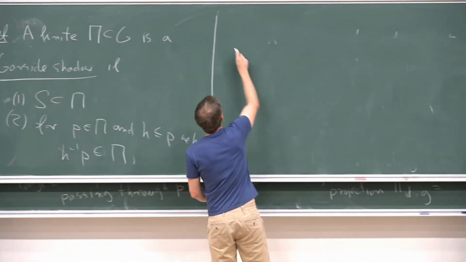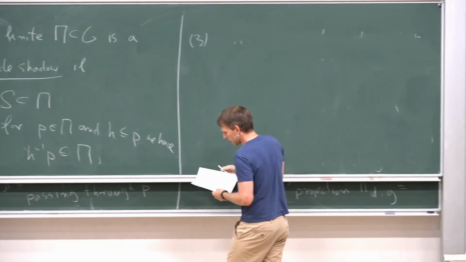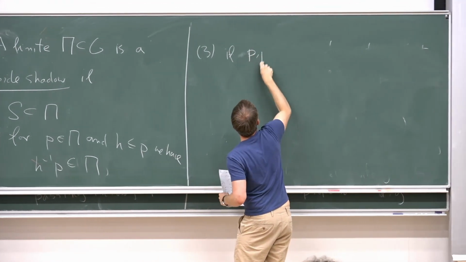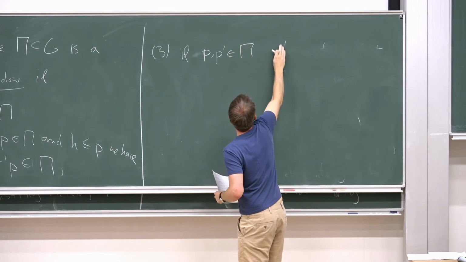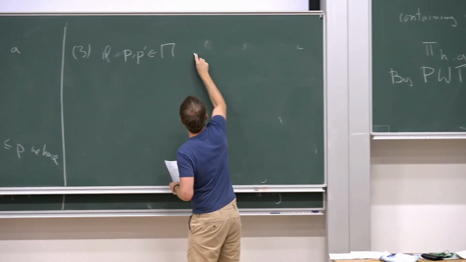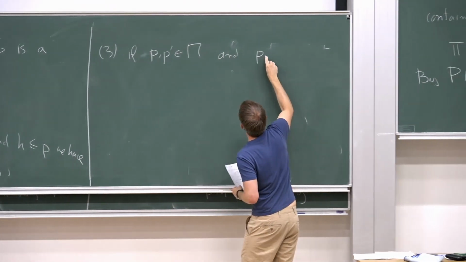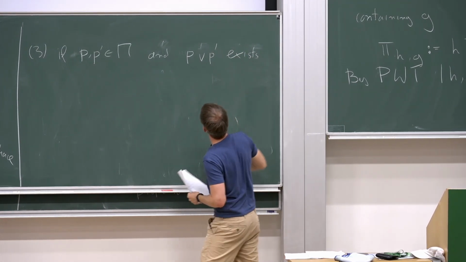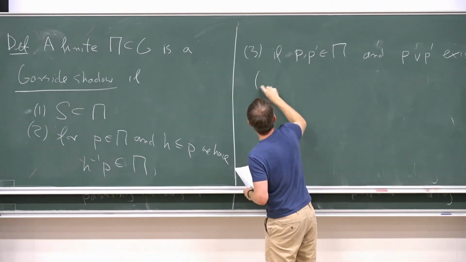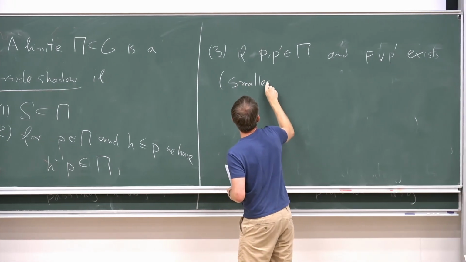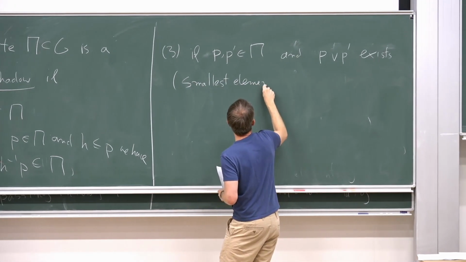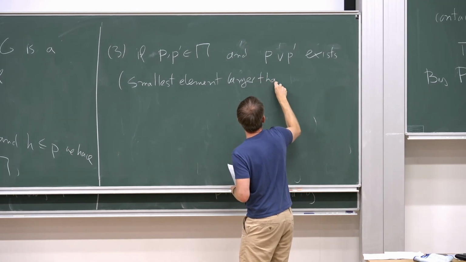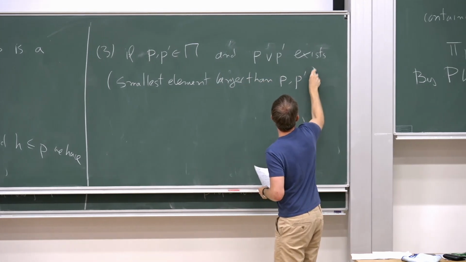And the third axiom demands that if you have two elements, p and p prime, in the shadow, and if the join exists, let me remind you what is a join. So the join is just the smallest element larger than P and P prime.